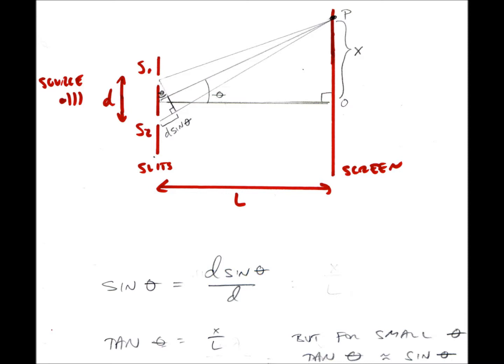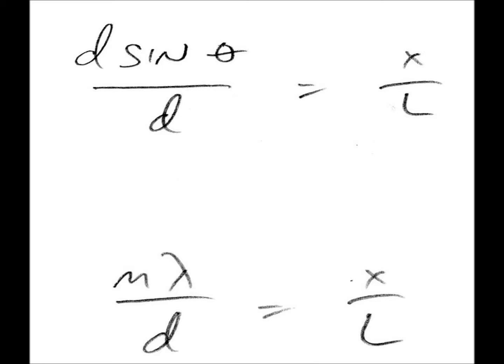But if you say that L is very, very large, especially compared to d, then you can say that tan of theta is about equal to sine of theta, and so you can set up a relationship d sine theta over d is equal to x over L. And then, because for constructive interference to occur, d sine theta has a length equal to some integral number of wavelengths, you can replace d sine theta with the expression m lambda, where lambda is the wavelength of the light, and m is some whole number, 1, 2, 3, etc., which is called the order number.